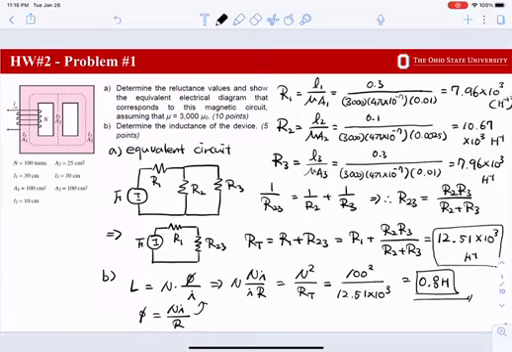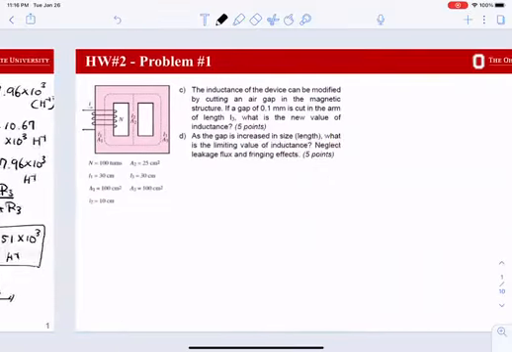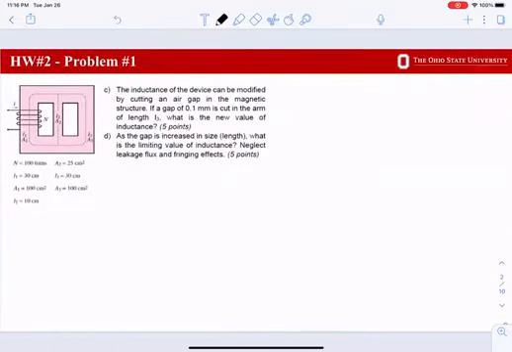Okay, now move on. Problem number 1C asks what is the new value of the inductance if there is an air gap here. So what that means is we have the air gap reluctance here.